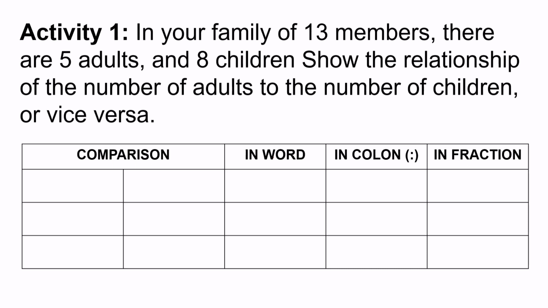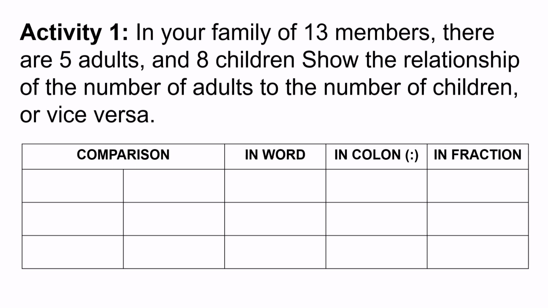So, we will compare the number of adults to the number of children by counting part to part, or the number of adults to the total number of persons, part to total, and vice versa.